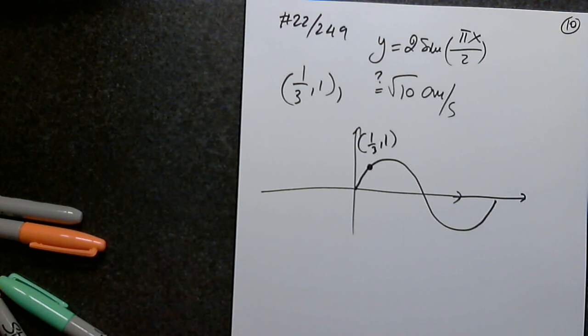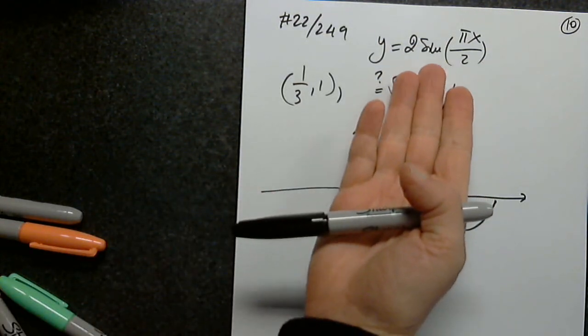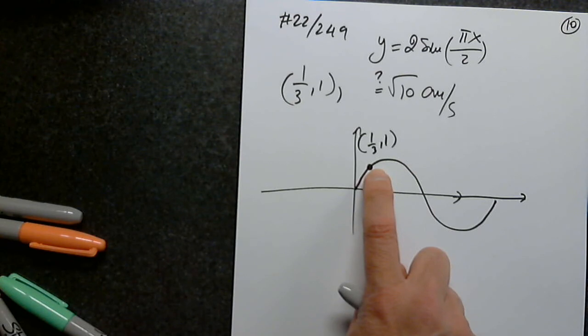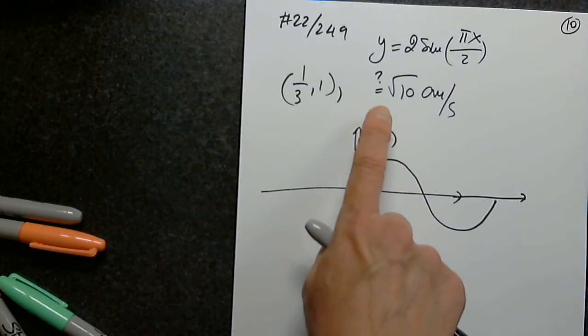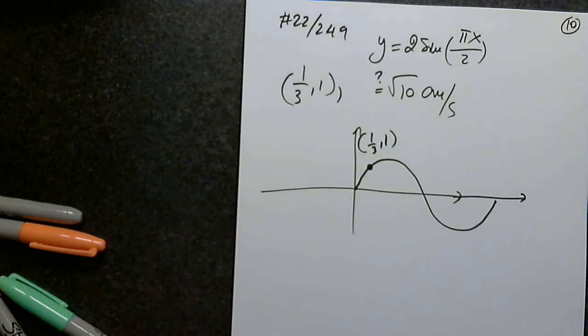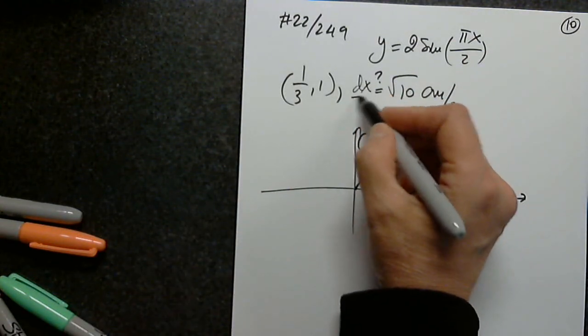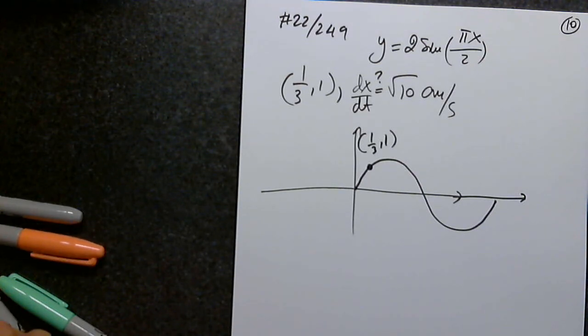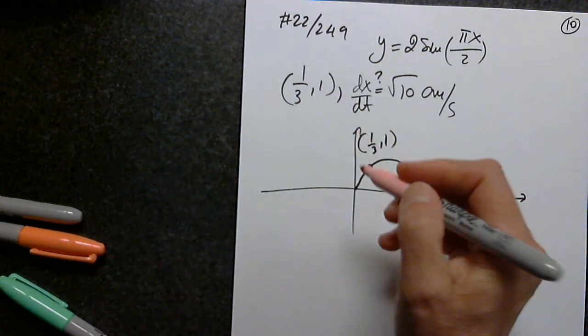We're reading the problem one more time. A particle moves along the curve. As the particle passes through this point, its x-coordinate increases at a rate of the square root of 10 centimeters per second. What does this represent? Dx over dt. Perfect. How fast is the distance from the particle to the origin?